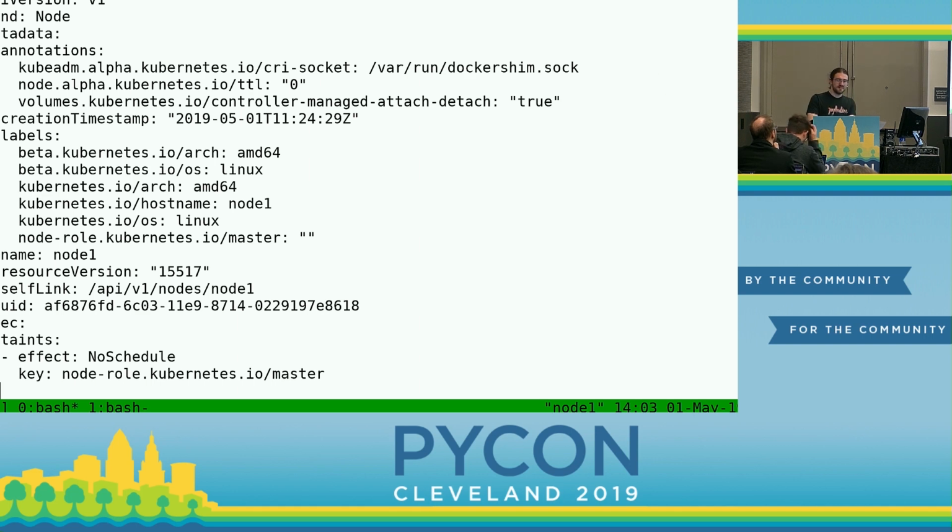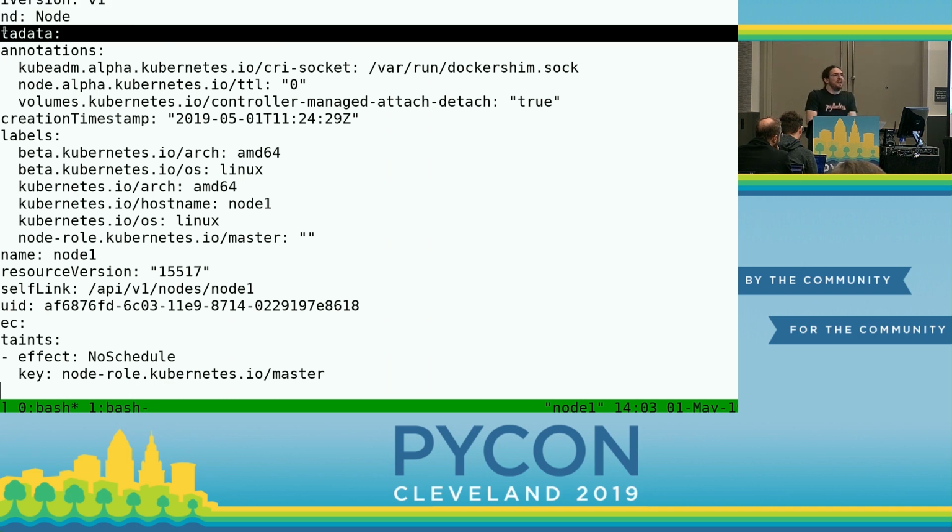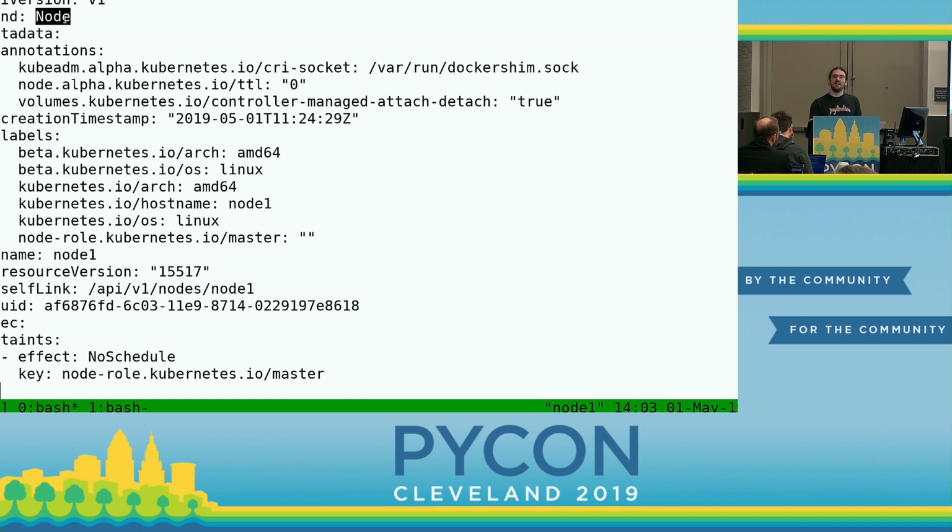And here you will see, in the output, notice how we have API version, kind, and metadata. Every single API response from Kubernetes is going to have these fields, always, always, always. So in that case, this is telling me, hey, this thing is a node.